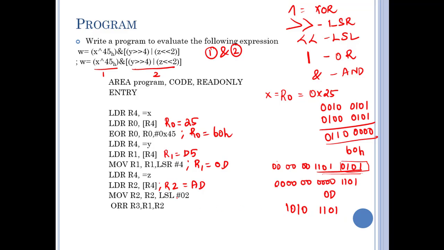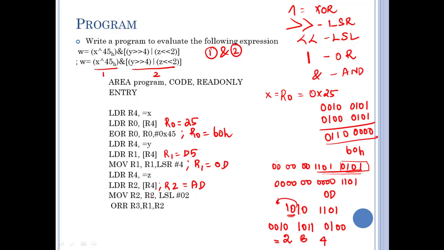If you left shift by 2, these bits will go to your most significant nibble. So 0010, 1011 and 01, and these empty bits will be filled by 0. So what is this result? This is 2 and this is B and this is 4. This will be saved in R2.